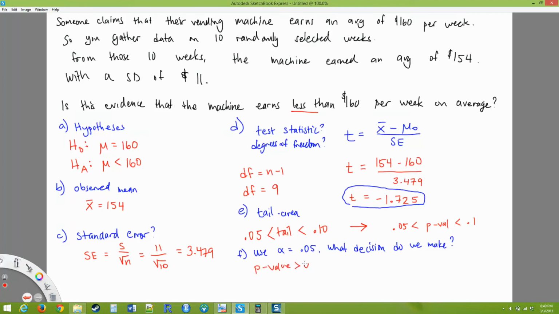Okay? My p-value is greater than alpha, so we reject or do not reject? We do not reject. My p-value is greater than alpha, so we do not reject the null hypothesis.